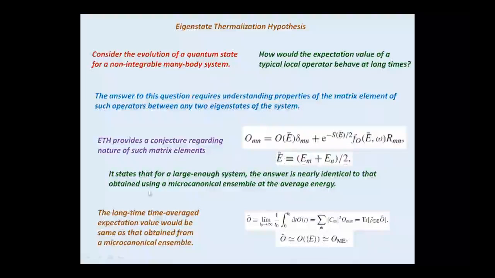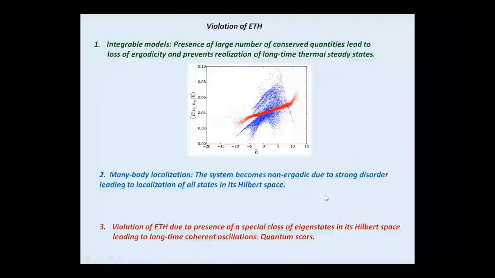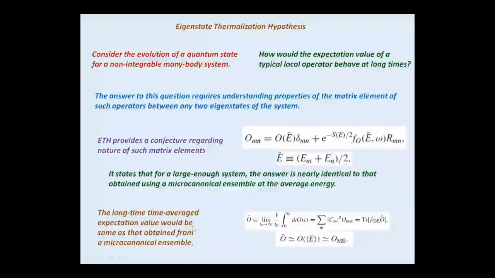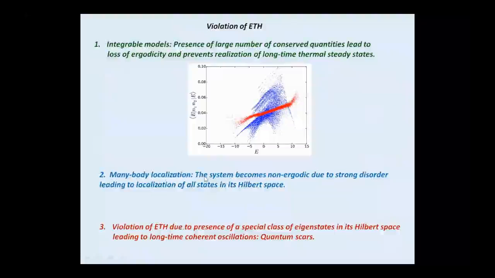What it tells you is that for a large enough system, the answer to the question of how the expectation of a typical local operator behaves at long times is nearly identical to that obtained using a microcanonical ensemble at the average energy. So let's take that, and then you see there are many ways in which this ETH can be violated.